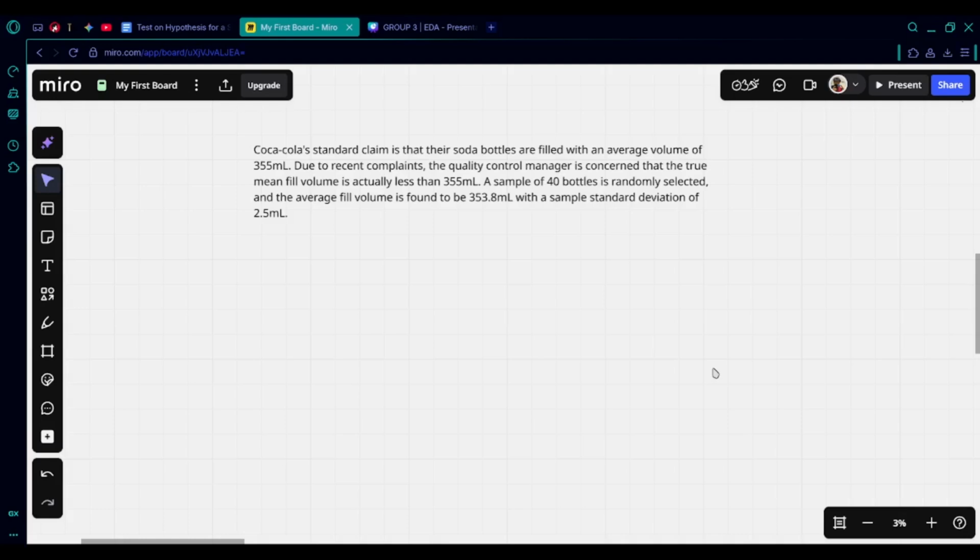I typed it. So now first we will be listing our given to our problem. The first thing we need to do is to identify the null and alternative hypothesis. As stated in the problem, Coca-Cola's standard claim is that their soda bottles are filled with an average volume of 355 ml. So for our null hypothesis, our average volume is equal to 355 ml.